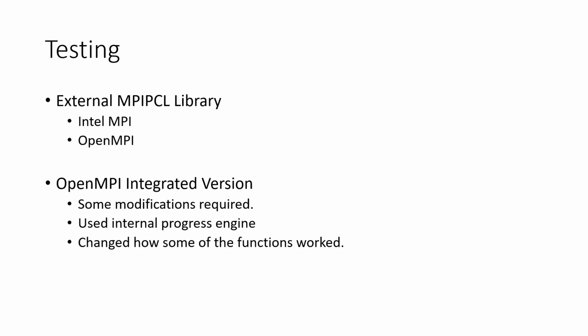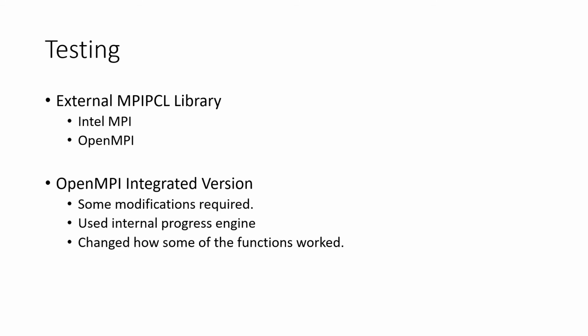So testing the library, we had 3 different versions that we tested. The first was our layered library on top of Intel MPI and OpenMPI. The second one was a version of the Partitioned API that's integrated into the OpenMPI framework.